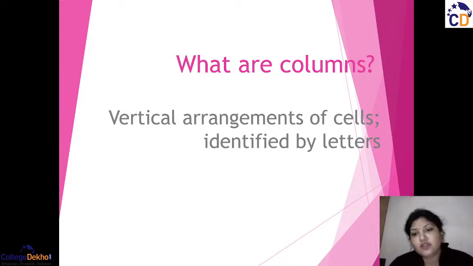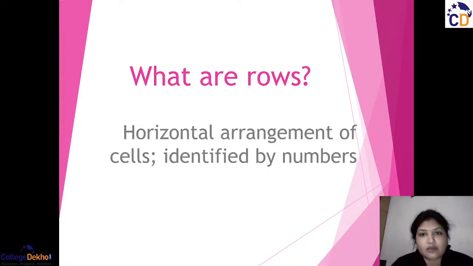Later on we may increase up to any number of columns. Then we have the horizontal arrangement of cells identified by numbers. Columns are represented by letters or alphabets, and rows are identified by numbers like 1, 2, 3, 4, 5, 6 and so on.